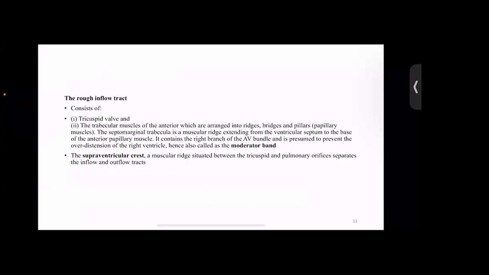So the rough inflow tract consists of the tricuspid valve and the trabecular muscles of the anterior wall, which are arranged into ridges or bridges and pillars. That's the papillary muscle. The septomarginal trabeculae is a muscular ridge extending from the ventricular septum to the base of the anterior papillary muscle, and it contains the right branch of the AV bundle and is presumed to prevent the overdistension of the right ventricle, hence it's called a moderator band.